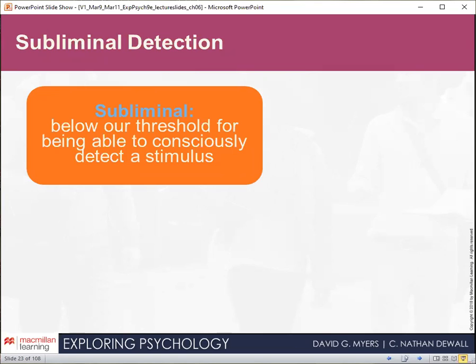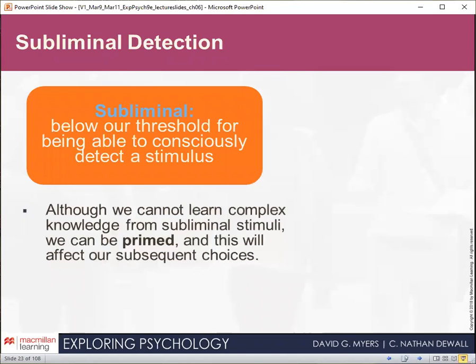So you're not aware of it consciously, but you may be aware of it, and this is the kicker, unconsciously. All right, so awareness is in quotes there. So unconsciously, you may detect it, but consciously, you are not aware of the stimulus. So, although we cannot learn complex knowledge from subliminal stimuli, we can be primed, and this will affect our subsequent choices.